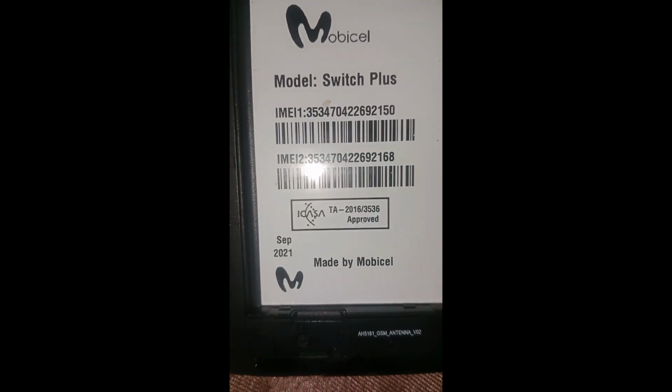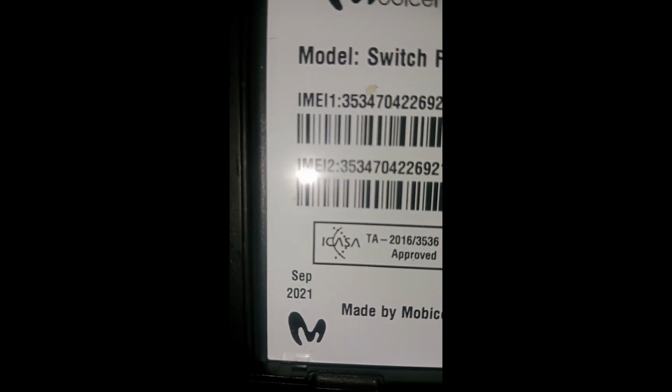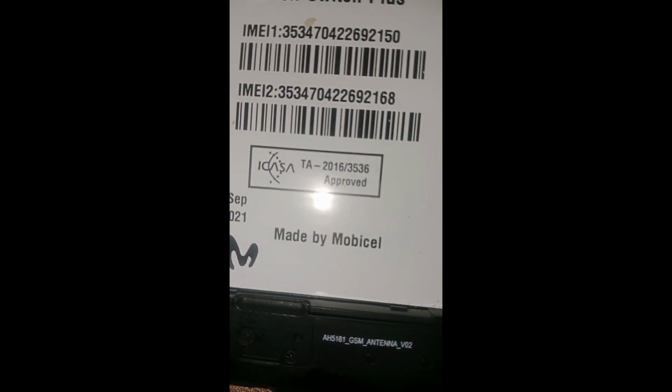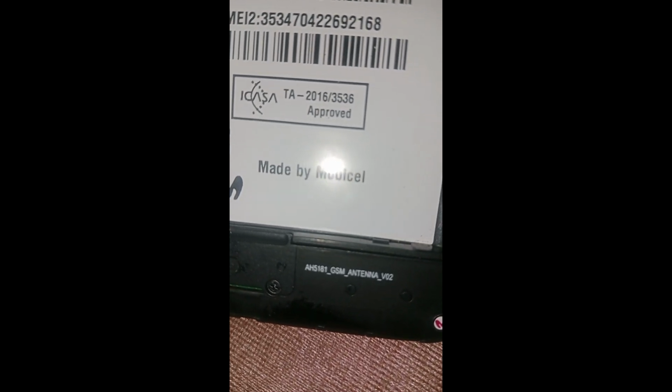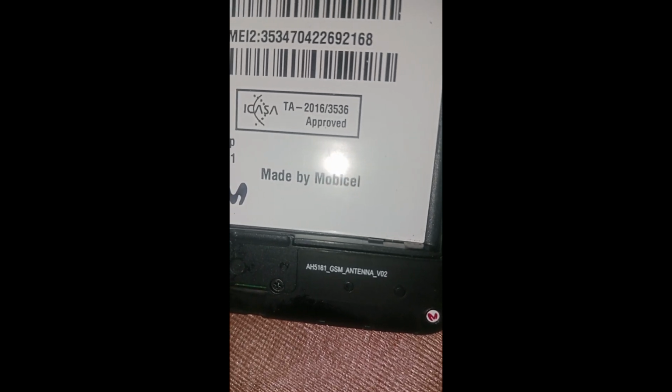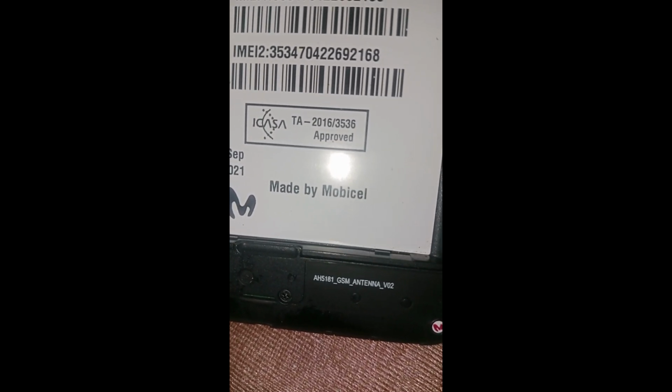This phone was released in September 2021, made by Mobicel. The version is AH5181 GSM and VO2.